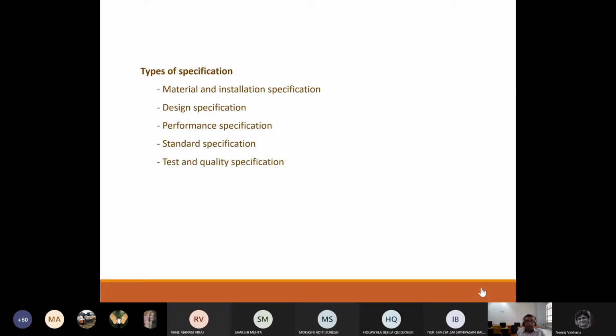If a particular job expects you to have an acoustical performance of a particular order, then there are areas where you'd want that.